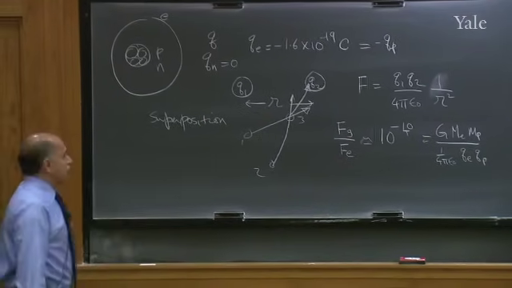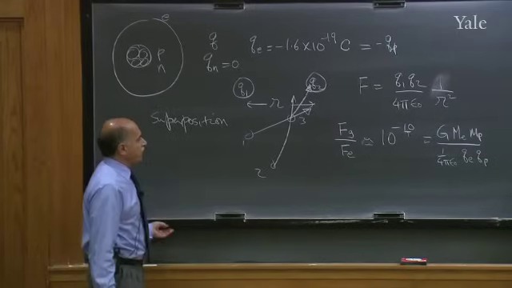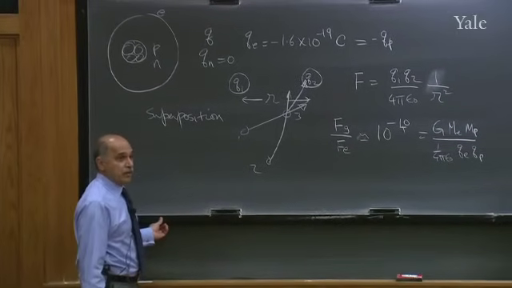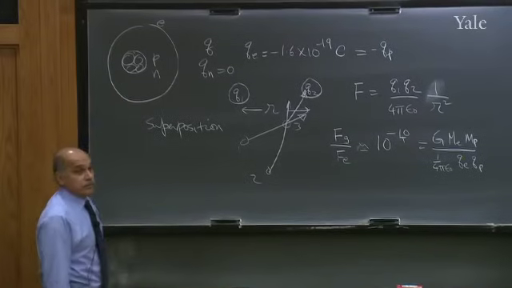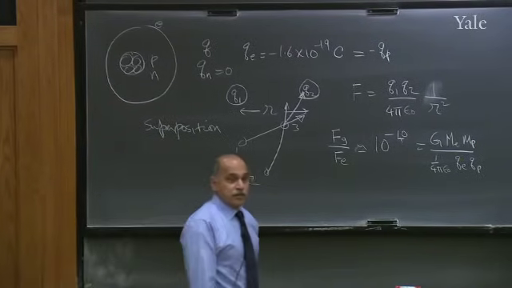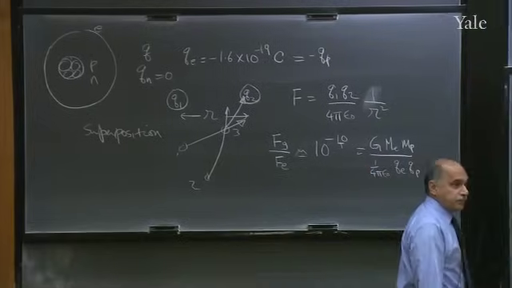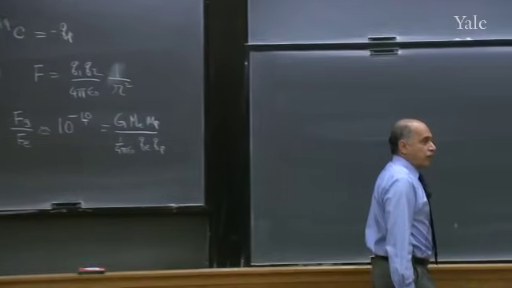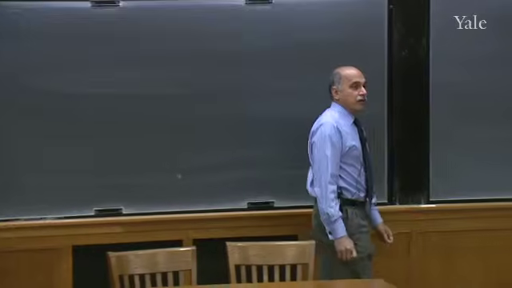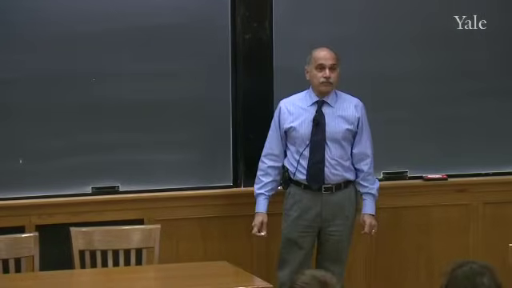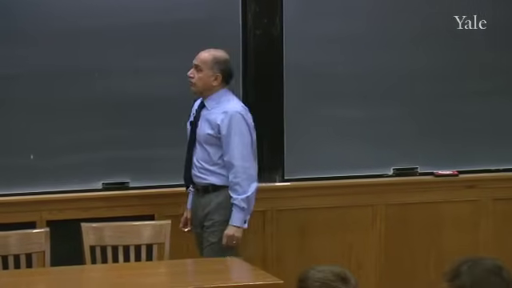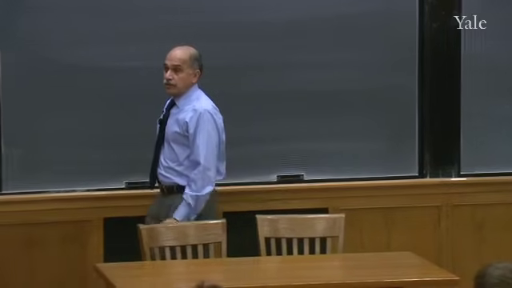I want to mention one thing. It may be interesting for you to think about. Look at this nucleus. The nucleus has a lot of protons in it. And according to Coulomb's law, they all repel each other. And the neutrons, of course, don't do anything because they have no electric charge.